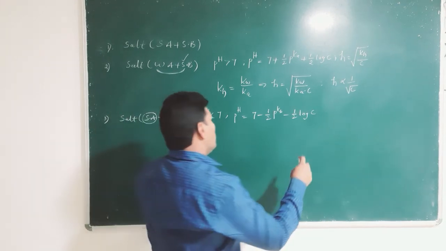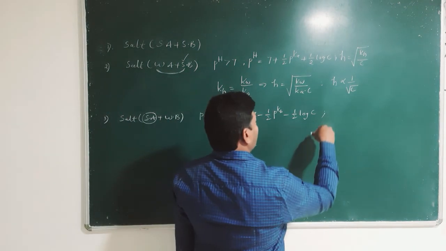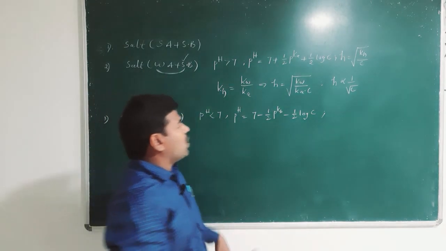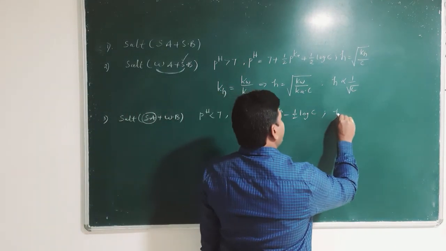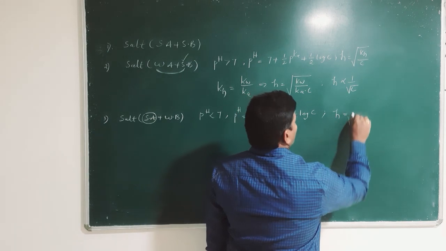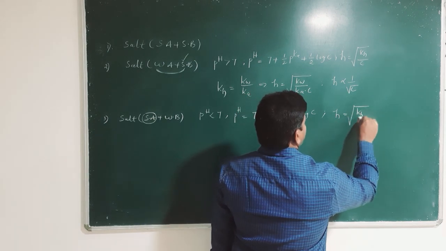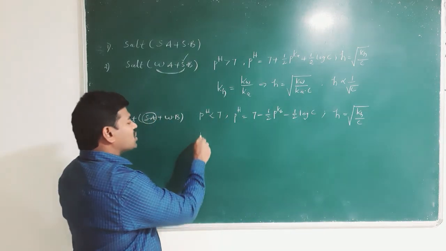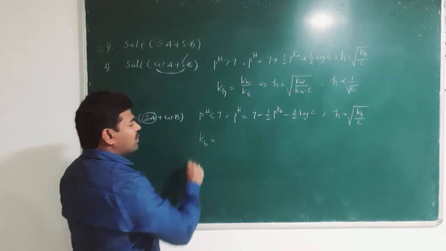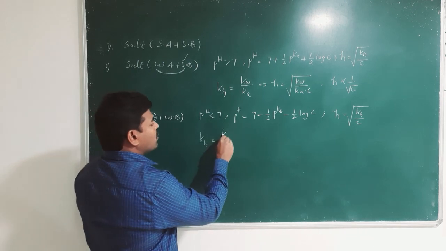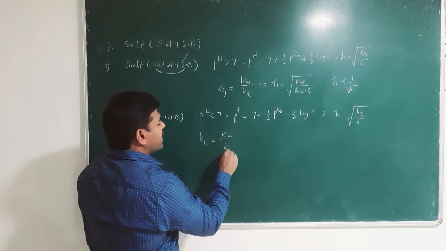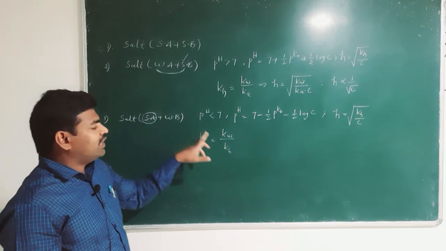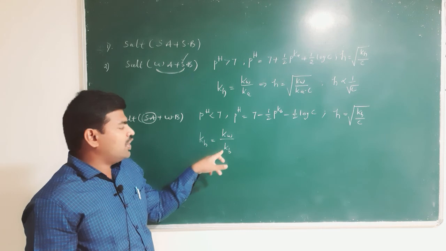And one more important point: as in the case of weak acid and strong base, degree of hydrolysis is equal to root Kh by C. But here the hydrolysis constant Kh is equal to Kw by Kb. Whichever is weak goes to the denominator.